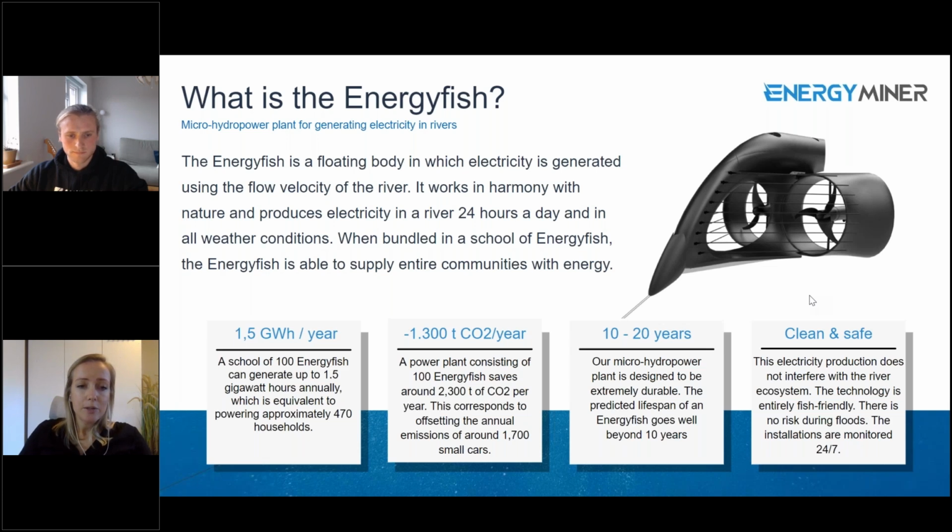That's equivalent to powering 470 households, just from one singular river section, a significant renewable energy addition. So obviously this also means a reduction in CO2 emissions, which is our goal, to be on this renewable energy drive and to aid this renewable energy transition.